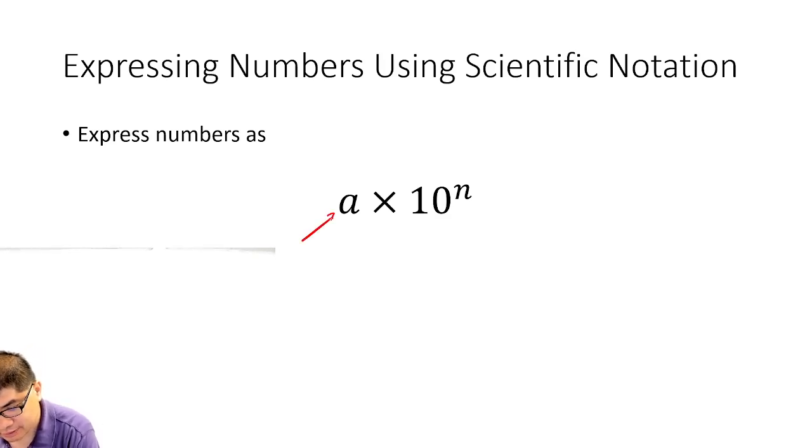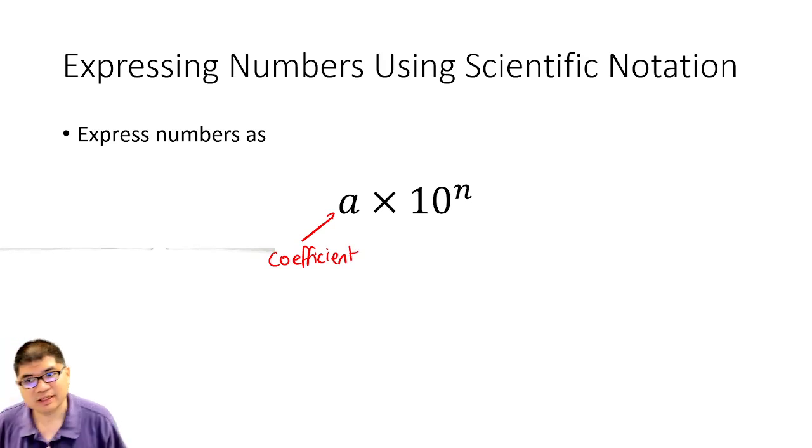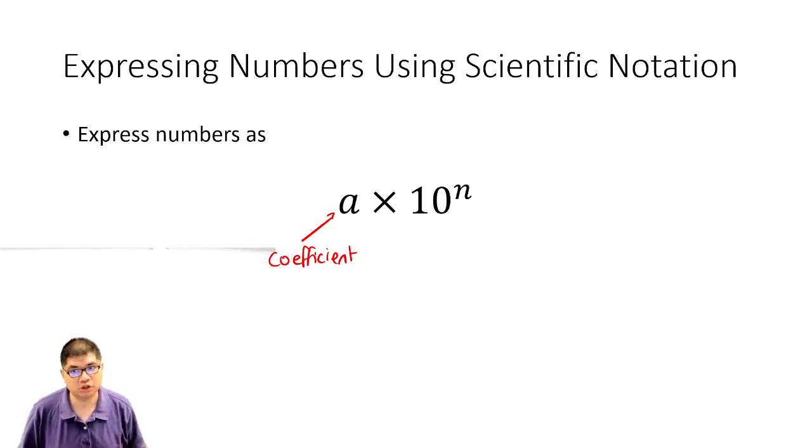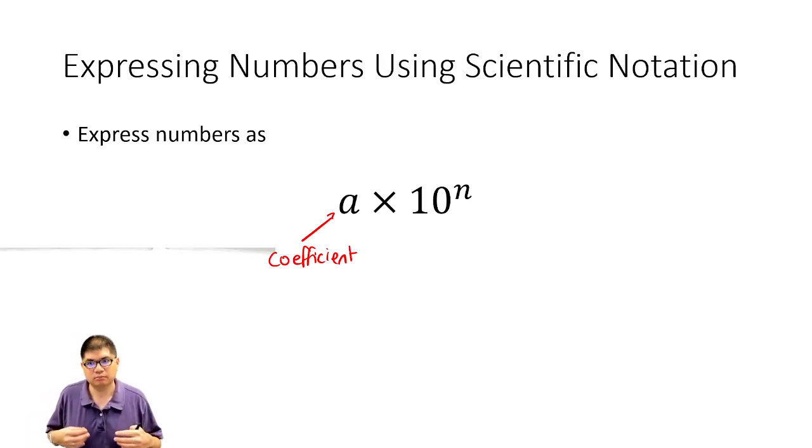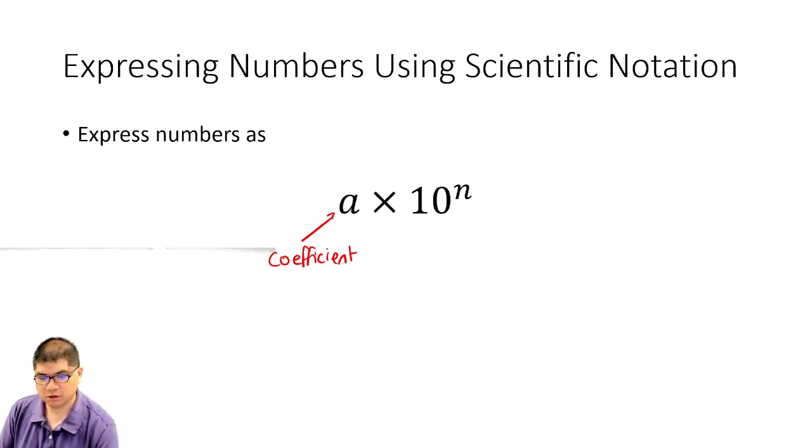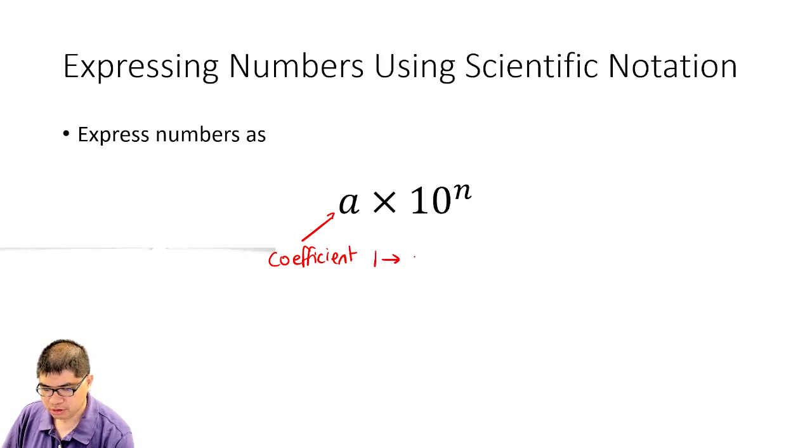A over here is the coefficient. As you saw, we want to make our numbers close to 1, not too big, not too small. So by convention, we make this number between 1 and 9.9 recurring.